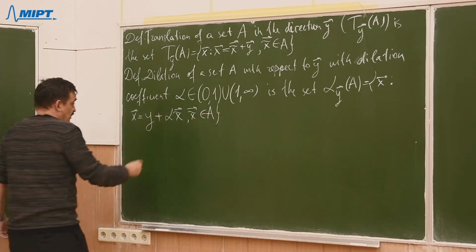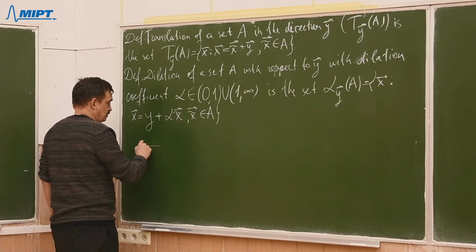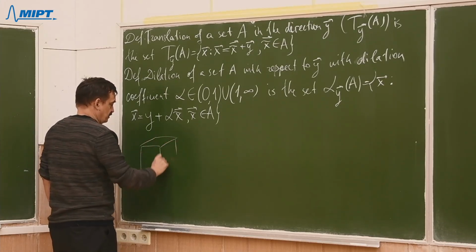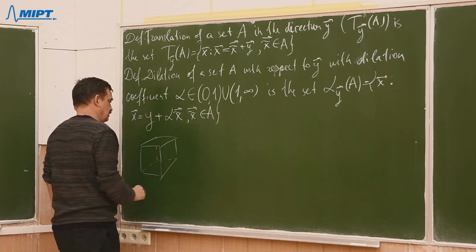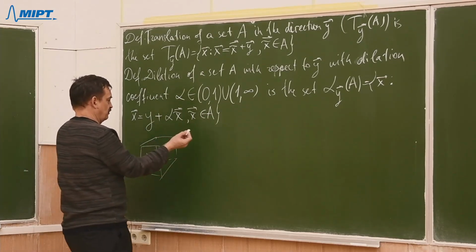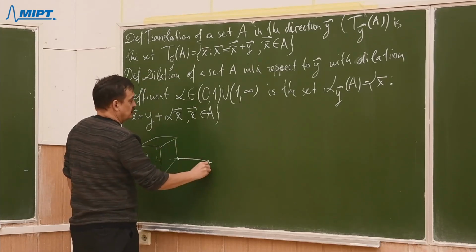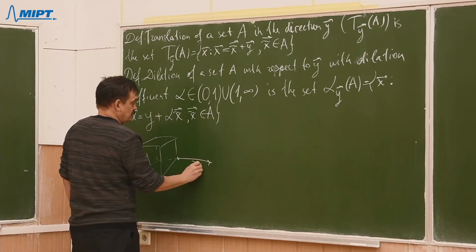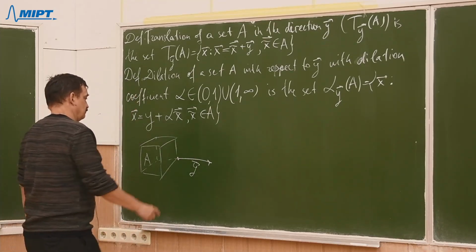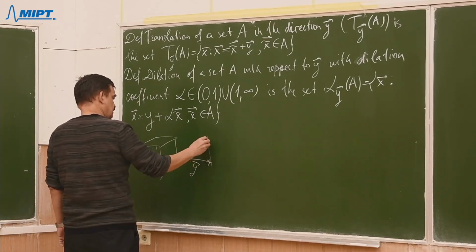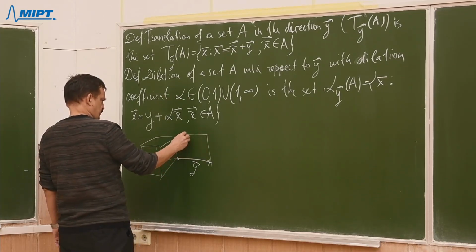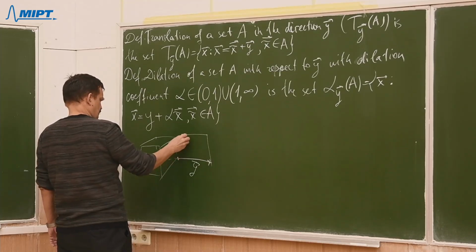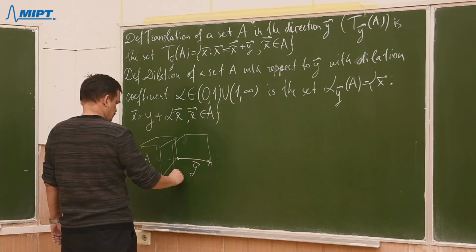So translation is if we have a set like that, right? That is A, and we have a vector y, then the translation is this set.